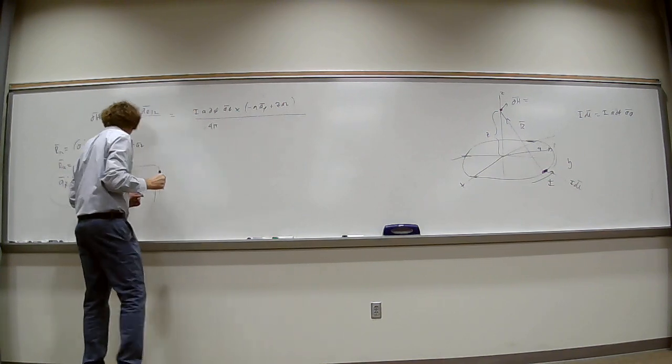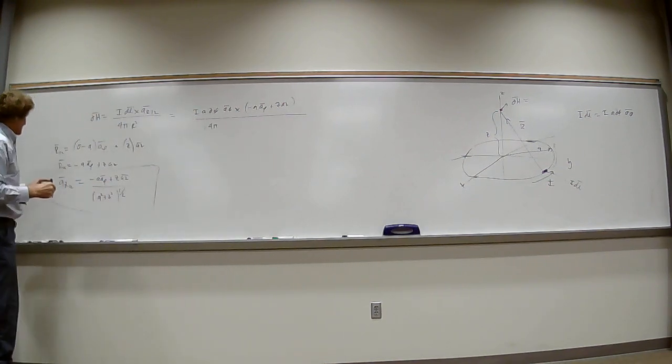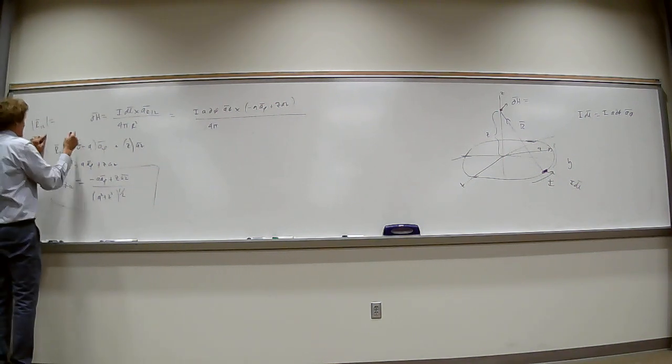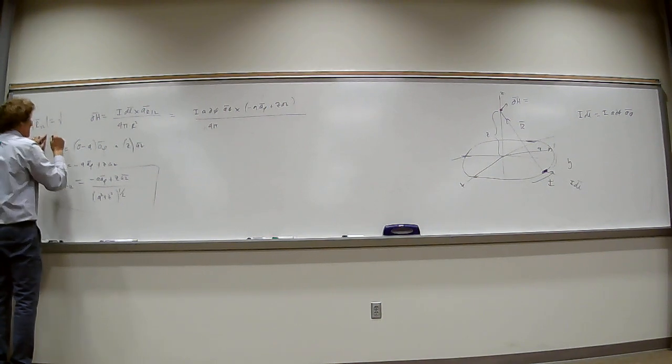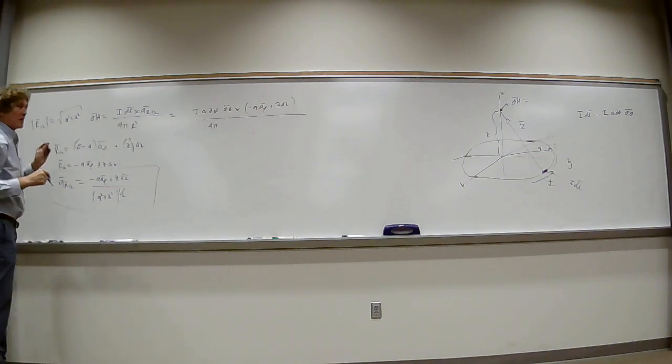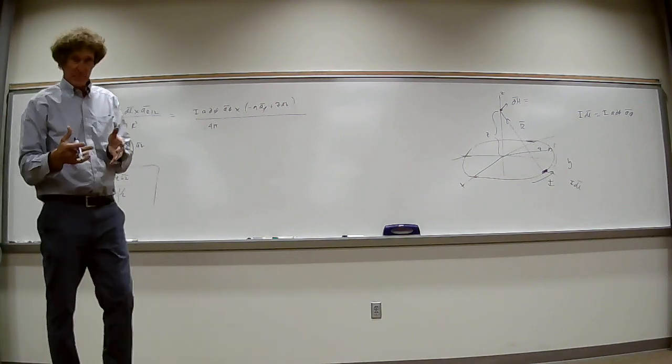Now remember, the magnitude of R12 right here is just going to be equal to the square root of A squared plus Z squared. Can you all follow me on that, class?